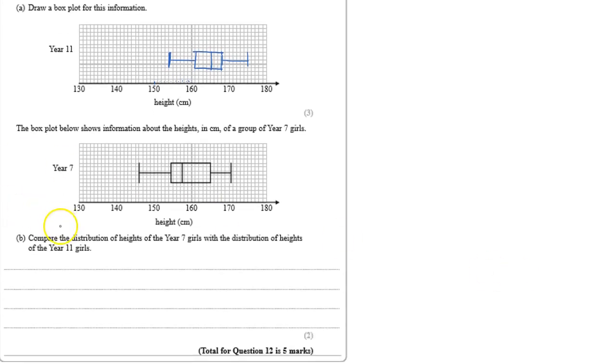Now compare the distribution of the heights of year 7 girls with the distribution of the height of year 11 girl. This is year 7 and this is year 11. So first thing what we see here is the range.